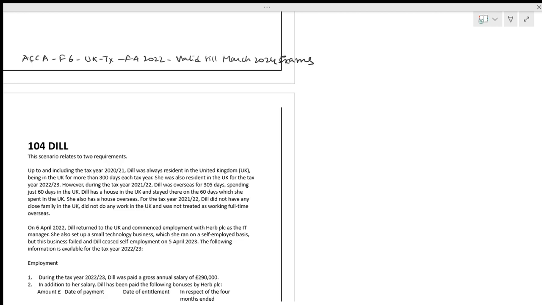So this makes it very easy for you to understand. Okay, only till March 2024, because the Finance Act will change and the new Finance Act will come.